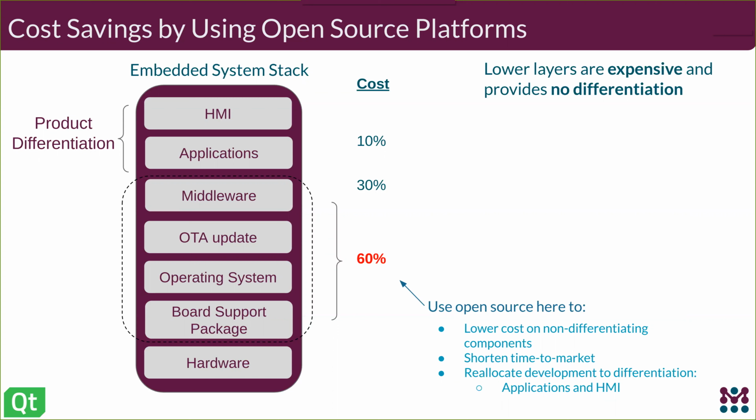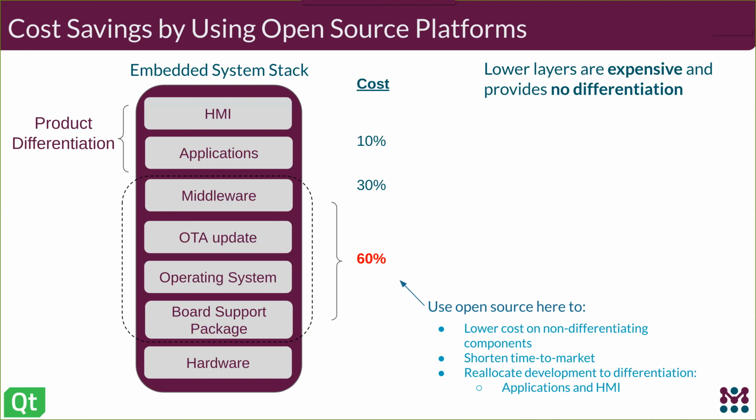And this is also what we had in mind when we designed Mender. Our approach was that the OTA solution should be part of these lower layers, and it's not something that needs to be reinvented by every company. It should be a reusable component together with your operating system and middleware software stacks.